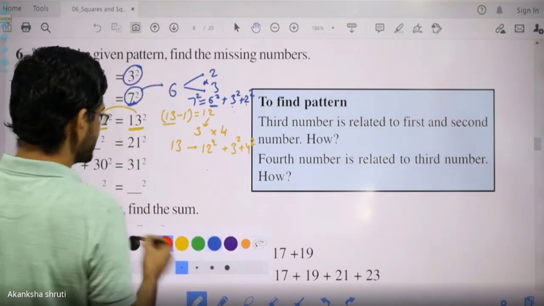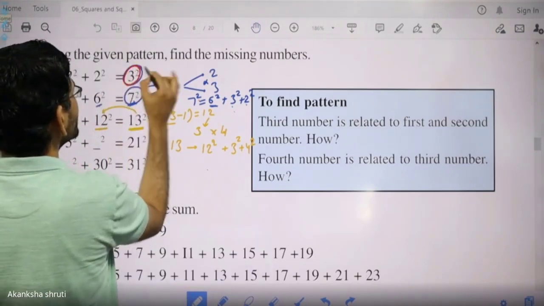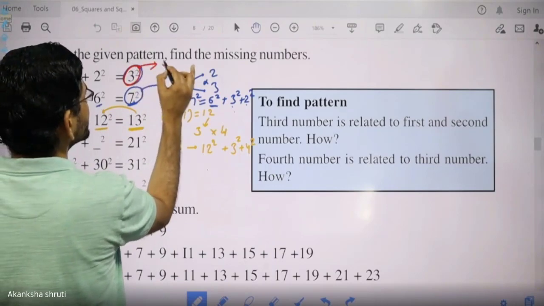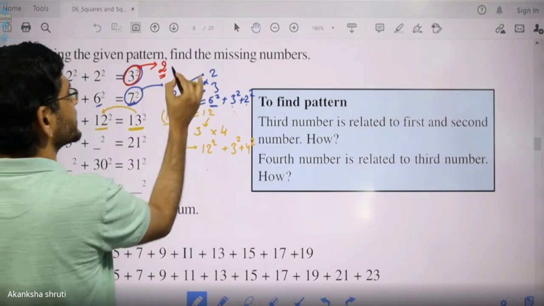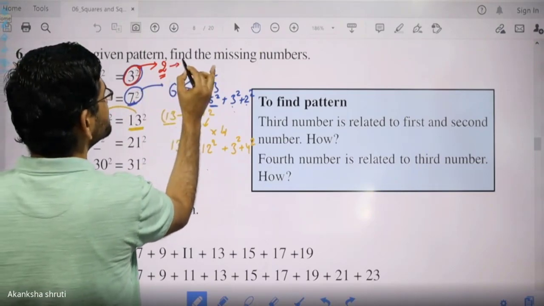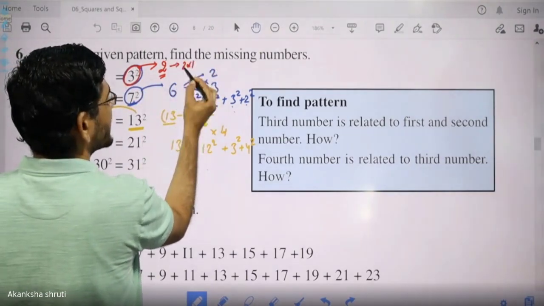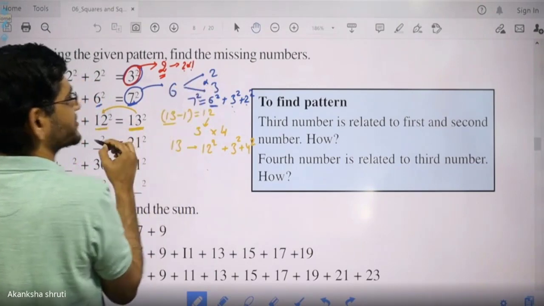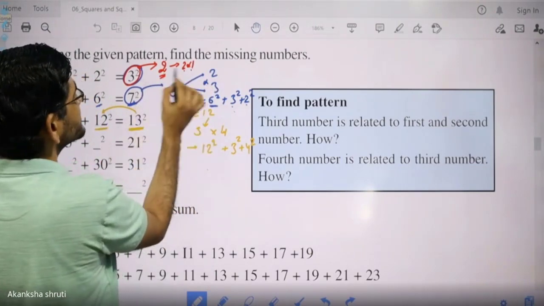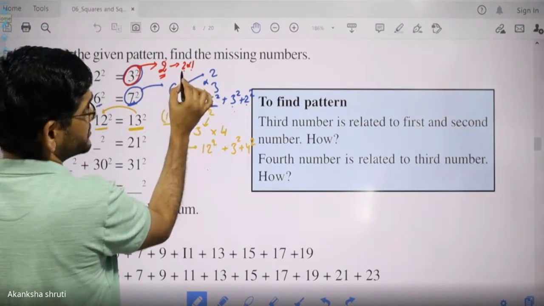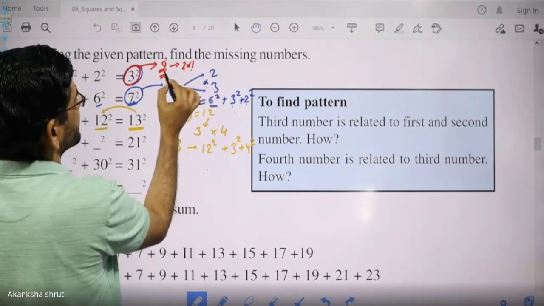Students, let us consider this 3. Take the number before this 3. It is 2, the integer before 3. This 2 can be written as the product of 2 into 1. That could be the only continuous factors, though 1 is not prime, leave it. Students, that is the product of two continuous natural numbers.